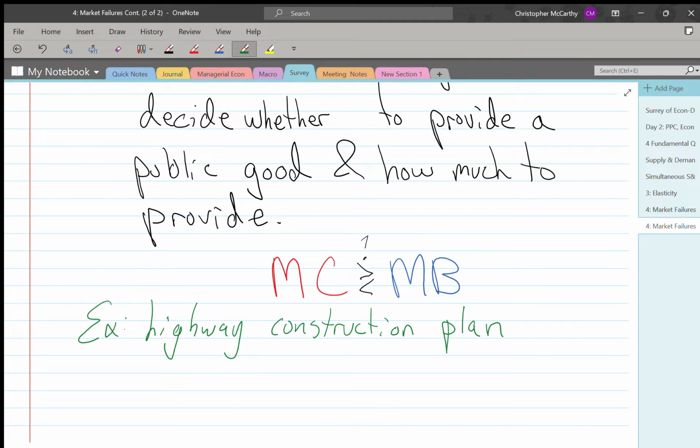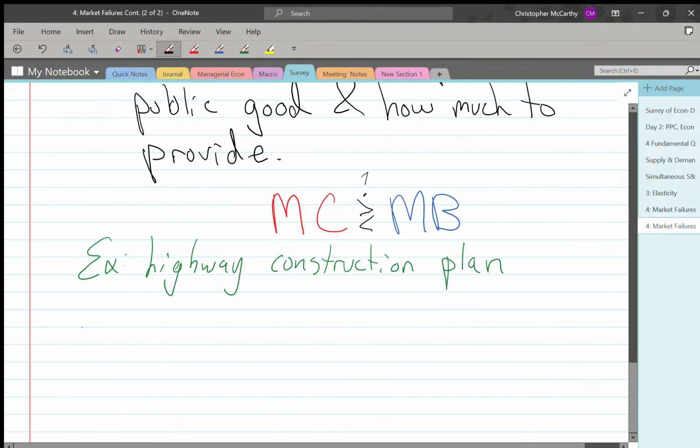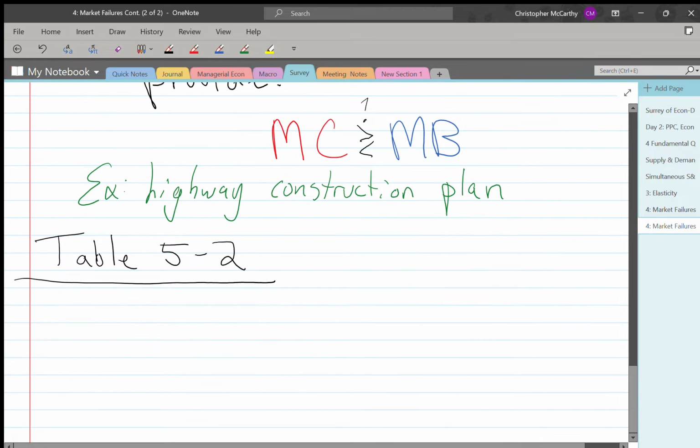So we are given table 5.2. And we are given different variations of the construction project. There's what's called business as usual, which is no new construction.